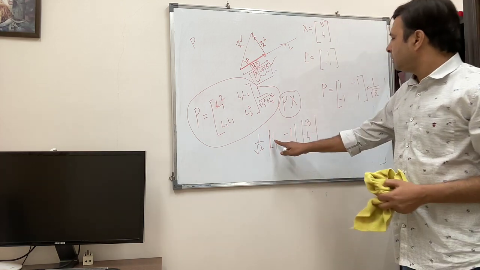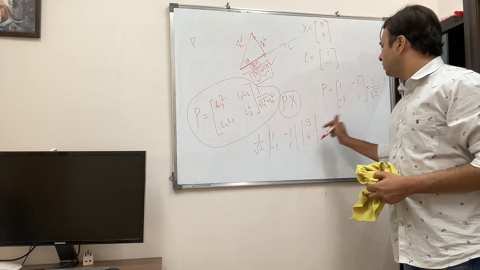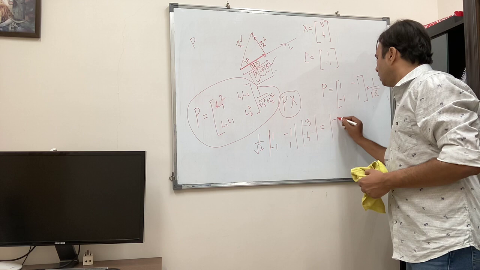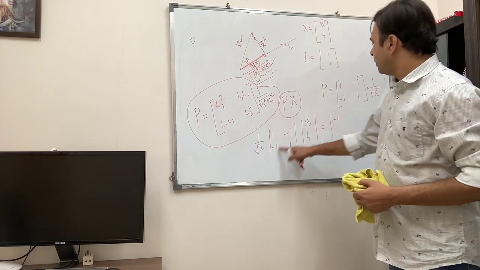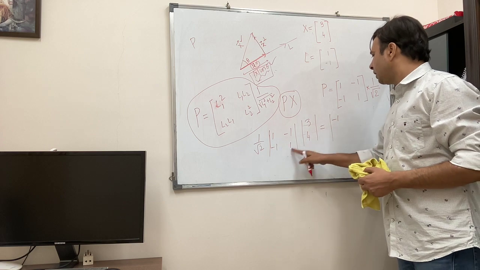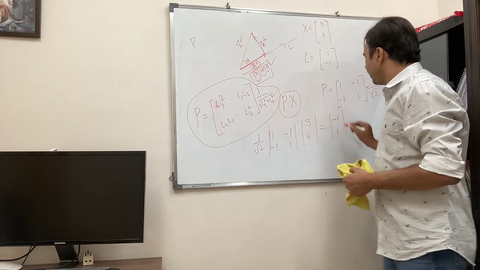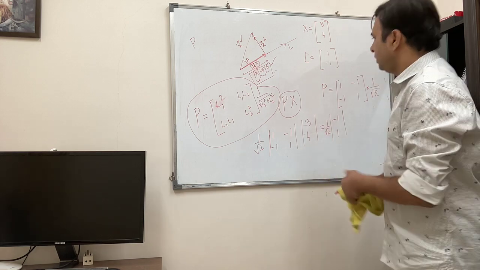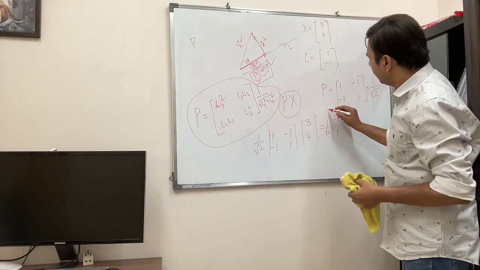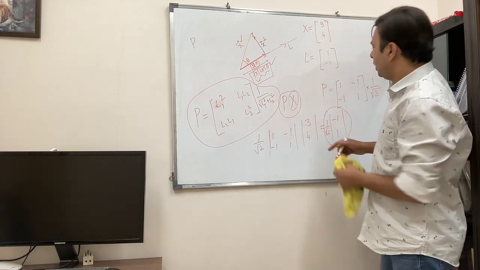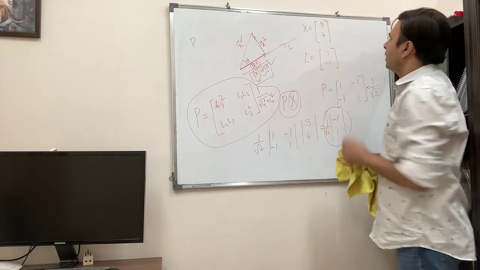So 1 times 3 and -1 times 4 is equal to -1, and -1 times 3 is -3 plus 4, which is plus 1, all divided by root 2. So this would be the projection vector of x along this line L, right?